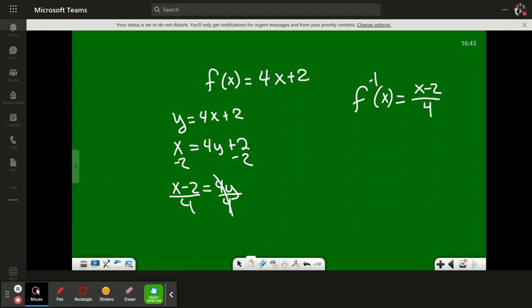All right, we're going to amp that up just a little bit. What if I say, find me the inverse function.